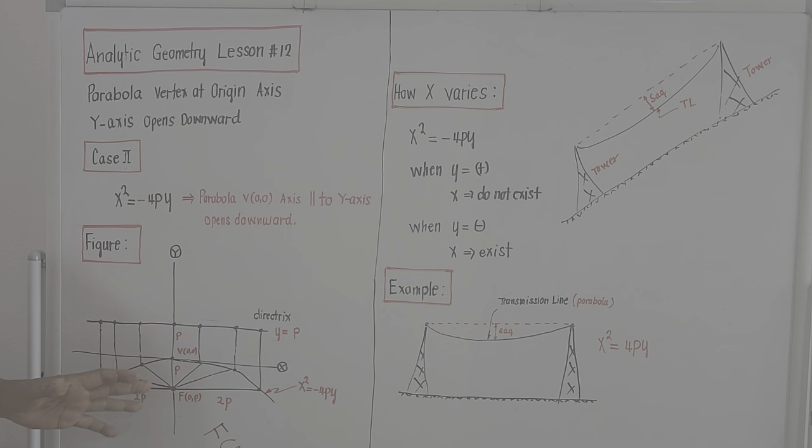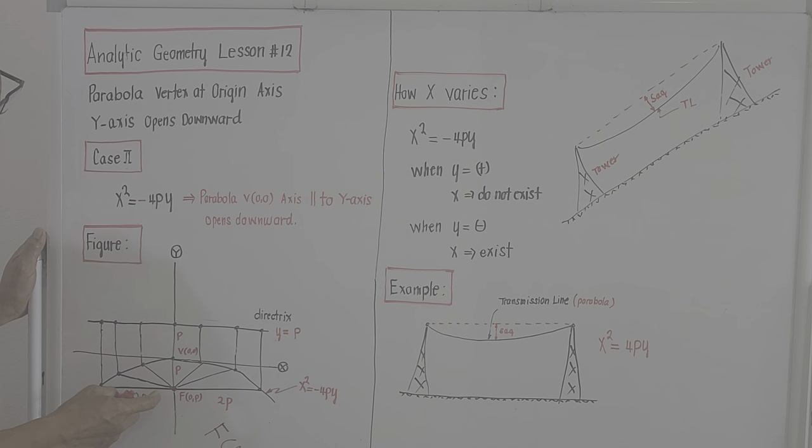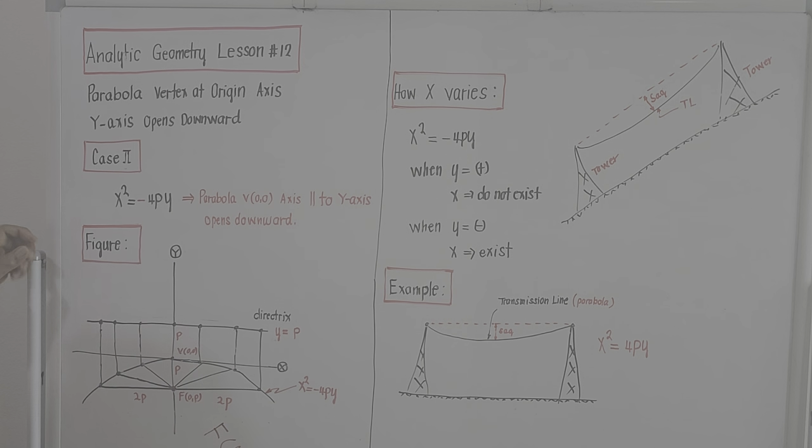There is a fixed line and a fixed point. And by definition, for any point on the parabola, the distance of the point from the fixed line and the fixed point are the same.